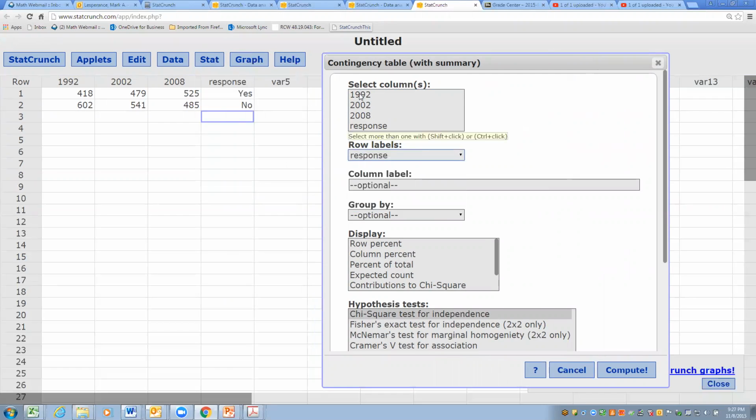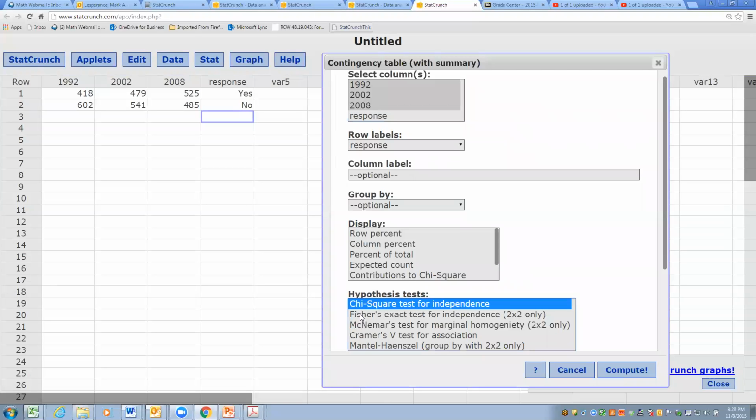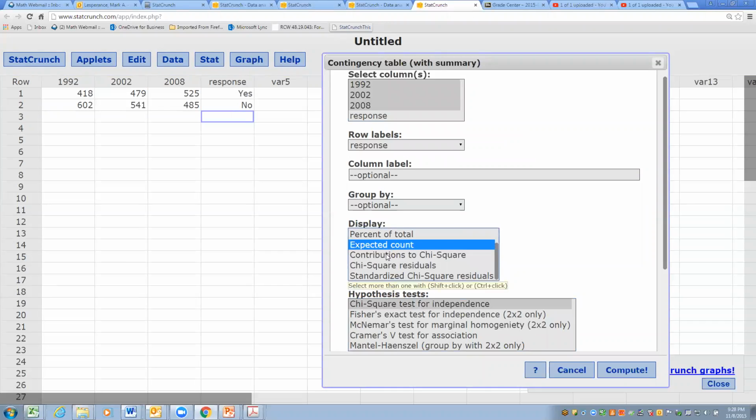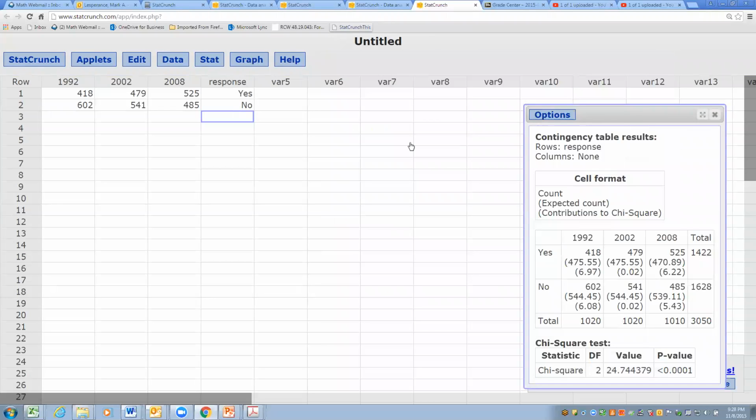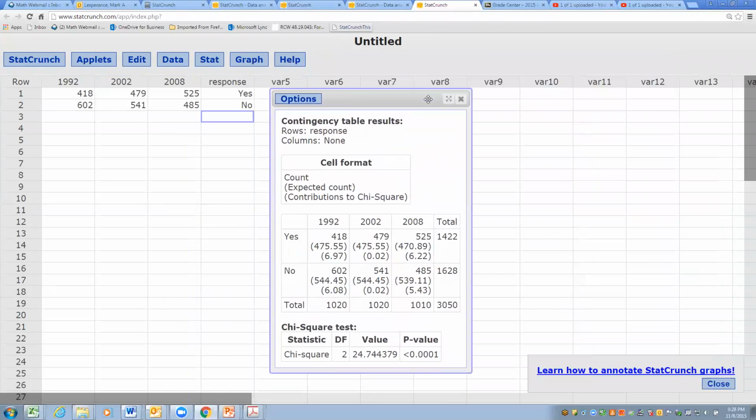I'm going to select columns 1992, 2002, and 2008 as the column variables. Notice that it has chi-squared test of independence already highlighted here. I'm going to go ahead and have it also do an expected count and a contribution to chi-square and hit compute. And what we notice is that we get this table.